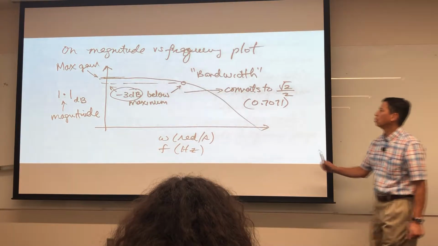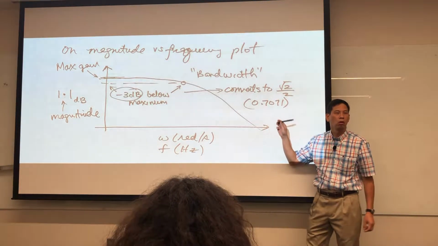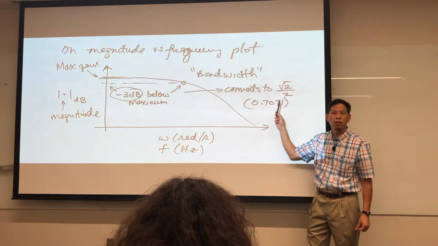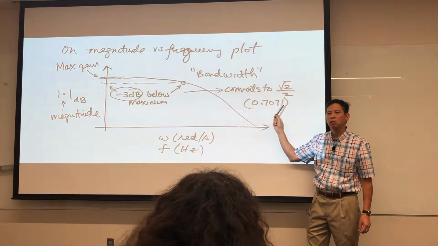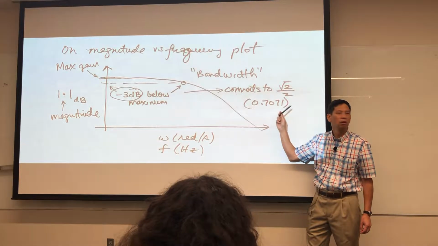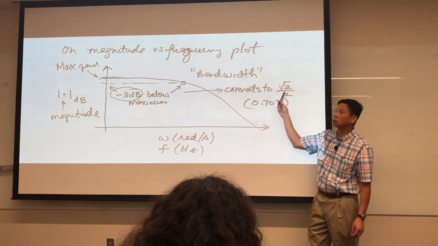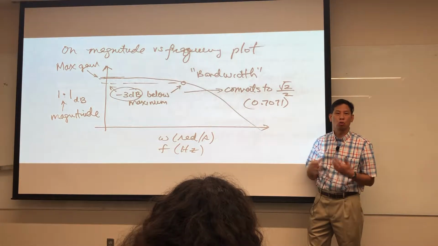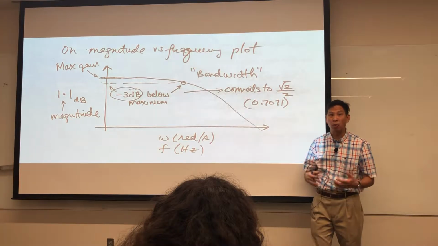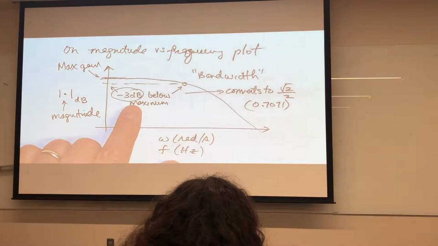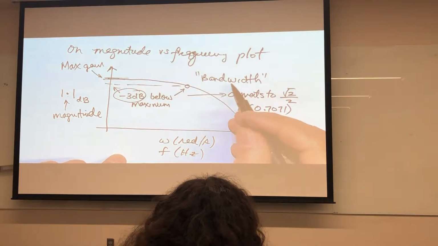What's magical about square root 2 over 2, or 0.707? If you square it, what do we get? A half. So if this was a voltage and you square it, then the power is down to a half. And so minus 3 dB is also called the half power bandwidth.